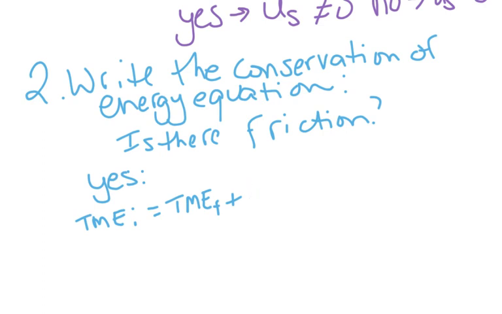We're going to label the frictional energy as E for energy dissipated, okay? So the total mechanical energy, you can also just abbreviate that with E if you want to. It makes it a little easier to think of total energy that way as well.